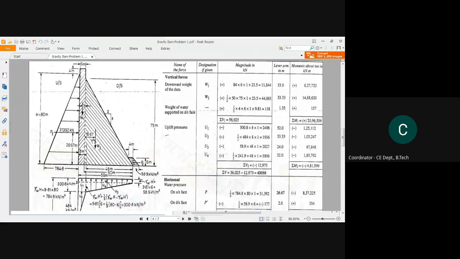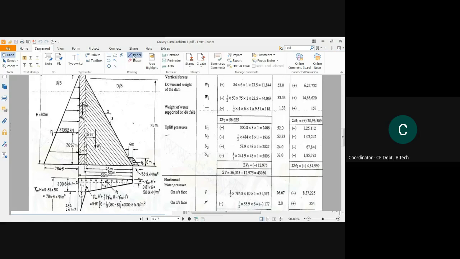So here we have calculated all the vertical forces, and corresponding to that we have calculated the lever arm, that particular distance which will be creating a moment at the toe.